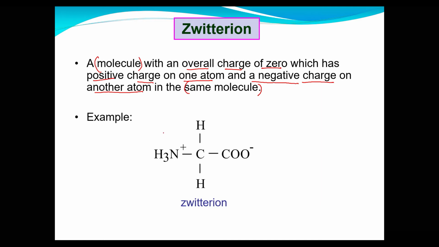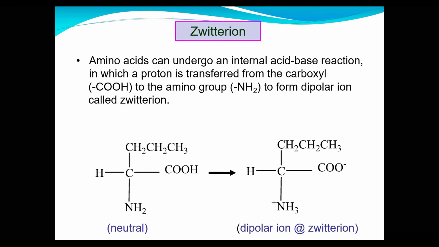Why does a zwitter ion exist? An amino acid can undergo an internal acid-base reaction in which a proton is transferred from the carboxyl group to the amino group to form a dipolar ion, which is called the zwitter ion.